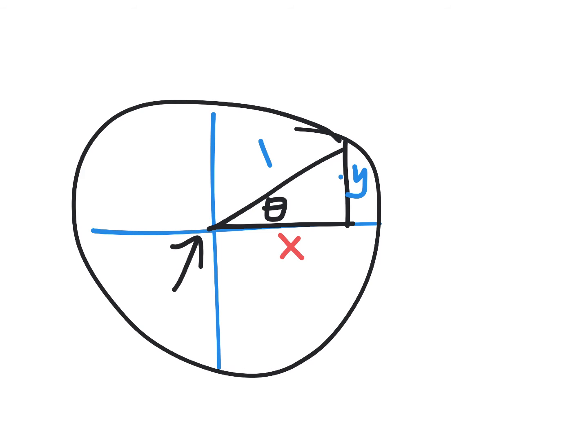Then, this one kind of blows people's minds. You now have to understand that sine of that angle, sine is the opposite over the hypotenuse, right? So what's the sine of that central angle? Y over 1.